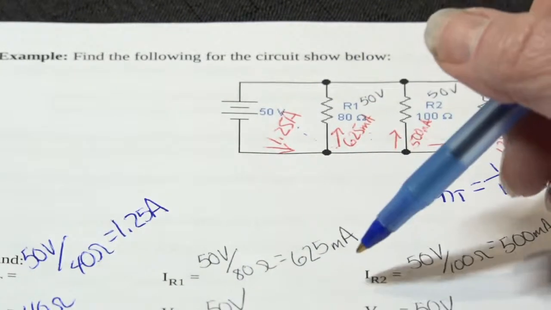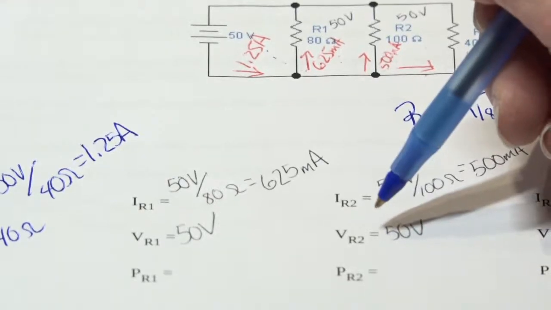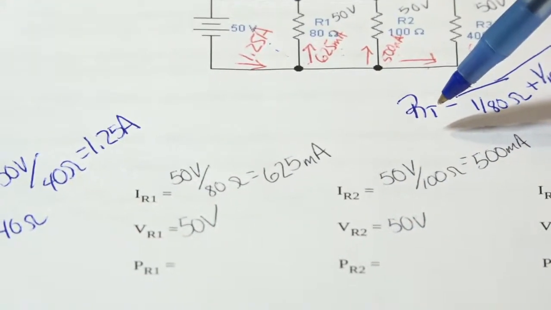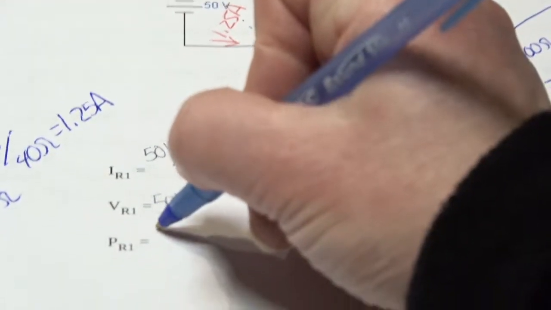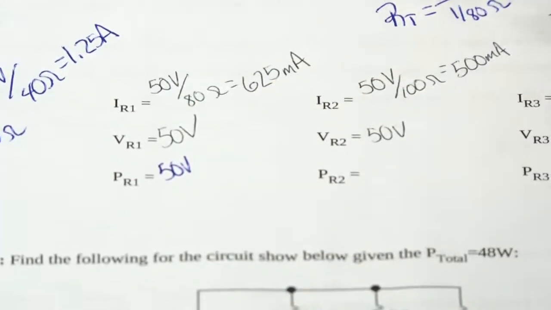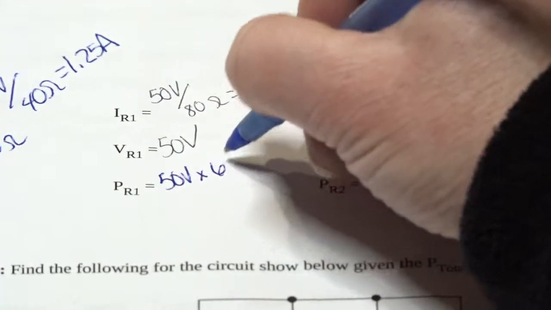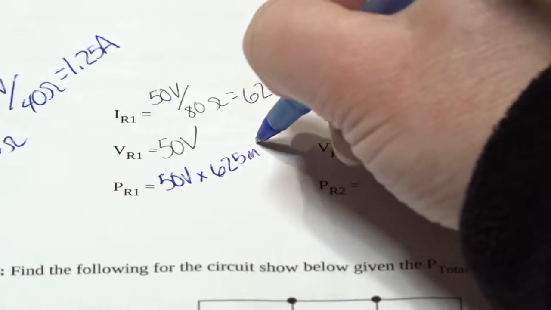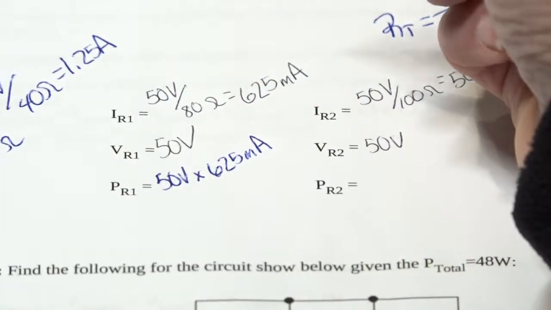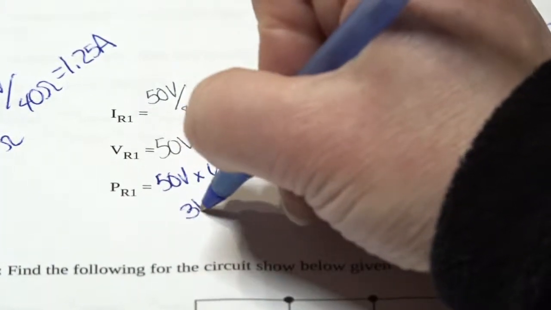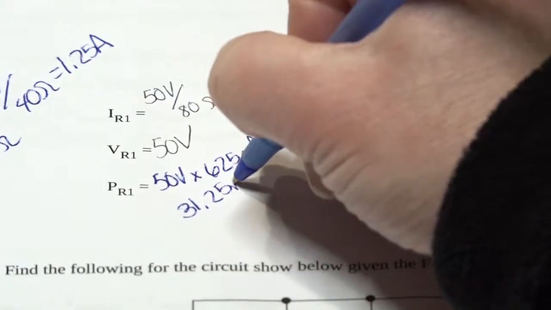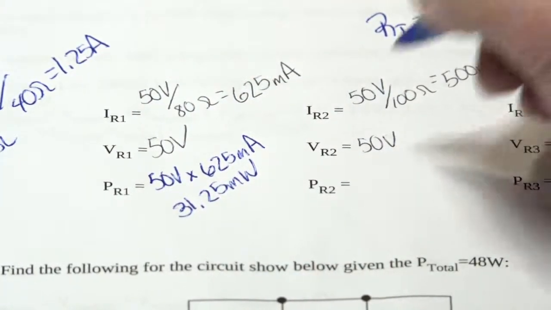Now, when we go ahead and calculate the power dissipated in each one, we take 50 volts times 625 milliamps, and that is going to equal 31.25 watts.